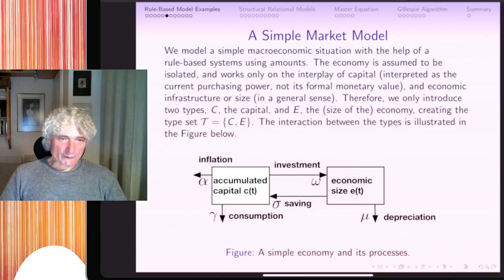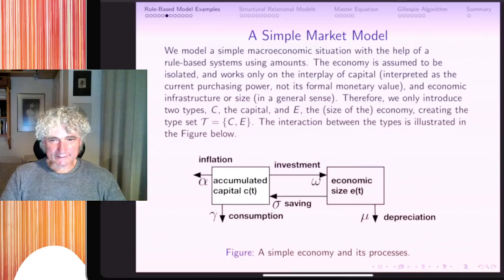And unfortunately, as we all know all too well, the economy is never something that can stand still. So there is always some depreciation. That means if you have machinery, the machines become old-fashioned, or they just don't work anymore. So there is a certain loss rate in the economy, which we model by mu.